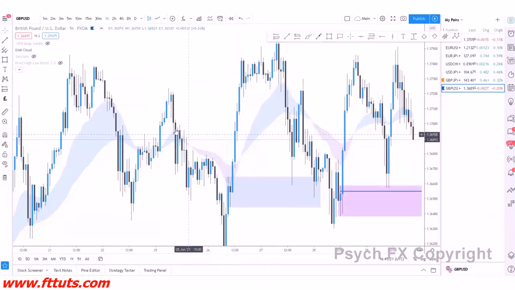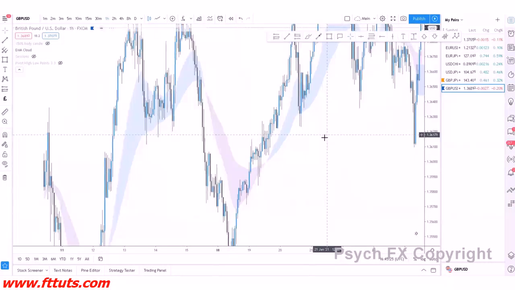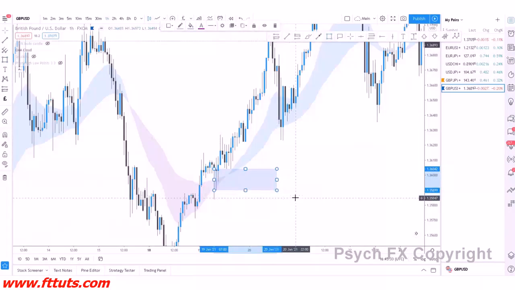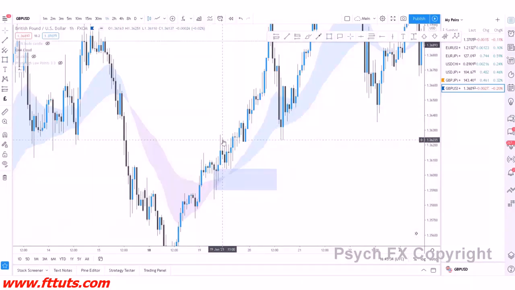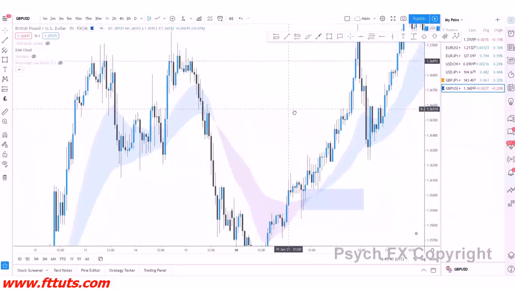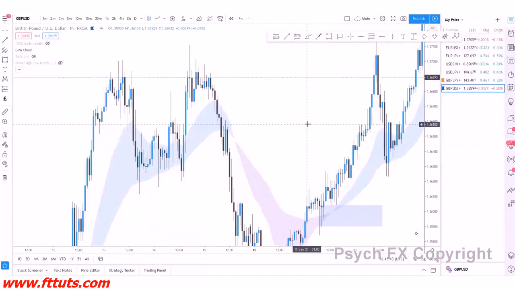Okay, very, very simple. This works over and over again, and if you stick to the clean setups here, you're going to get the best results. Okay, and so again, something like this, for example. Okay, we have the cross, we have come up, we come back into this rough area of demand around here. Okay, very, very simple.